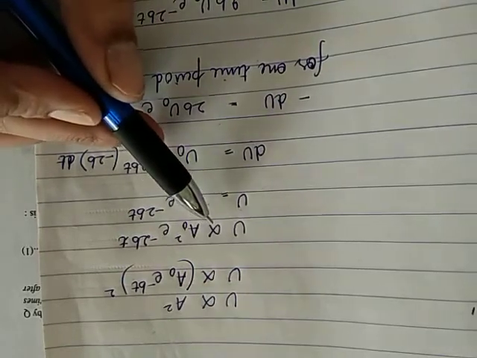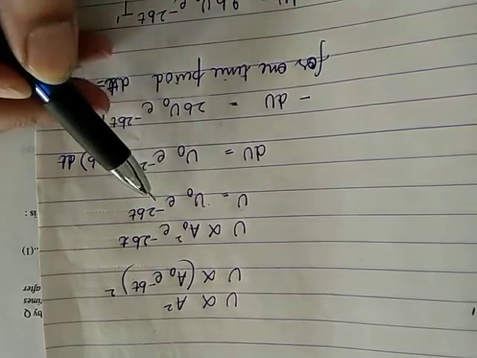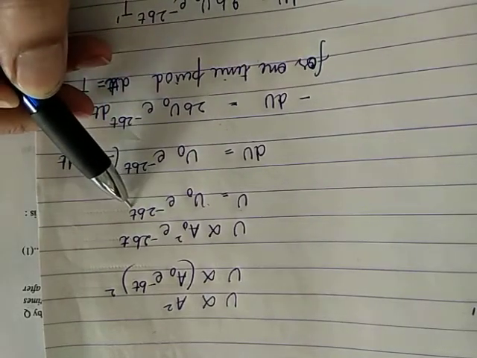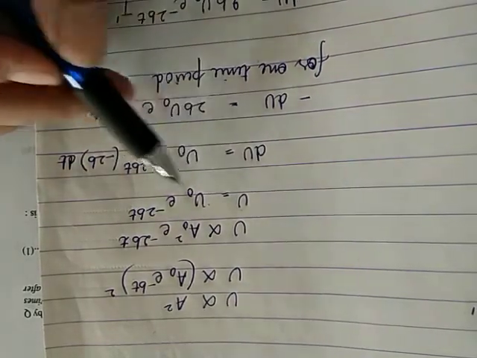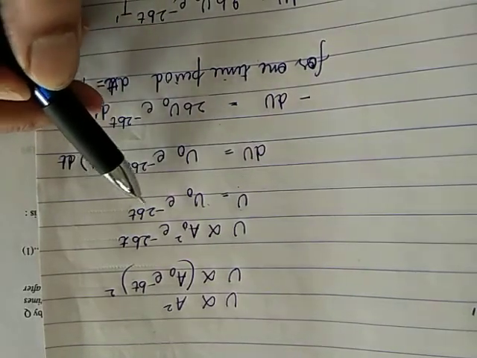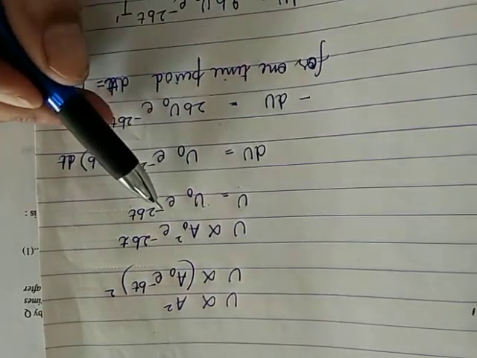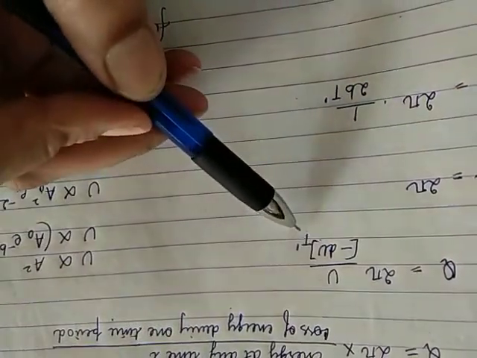After removing the proportionality sign, I can write U is equal to U naught e raised to power minus 2bt. So there is an exponential decrement in the energy.